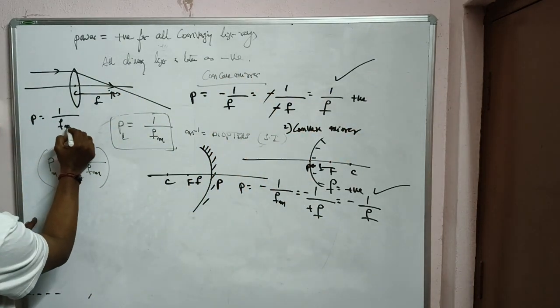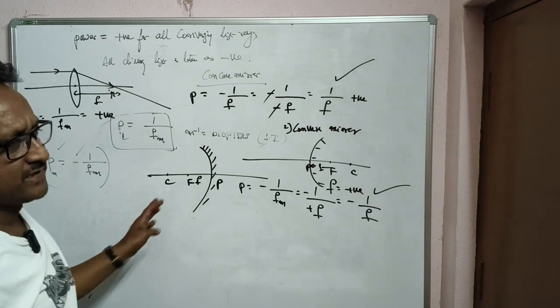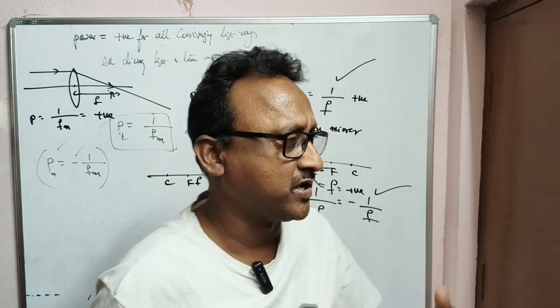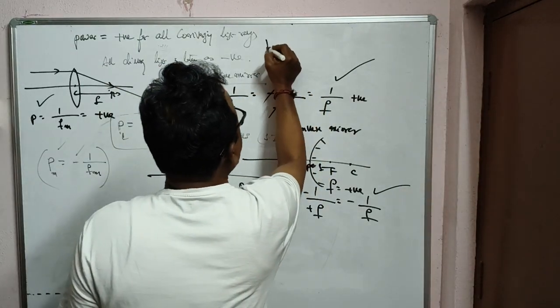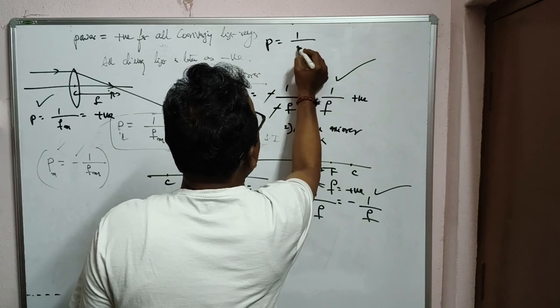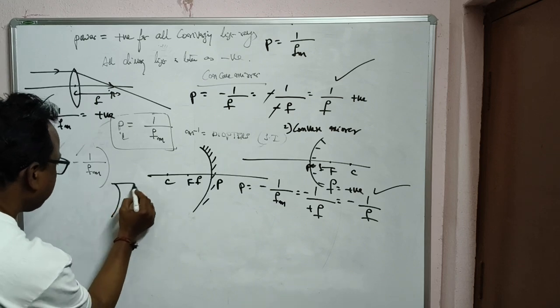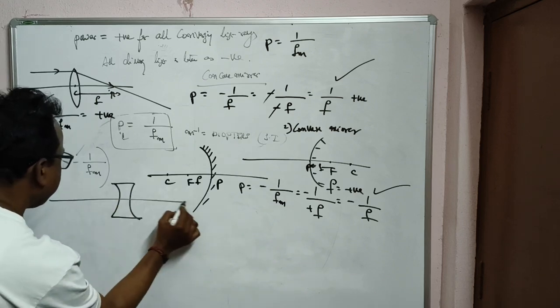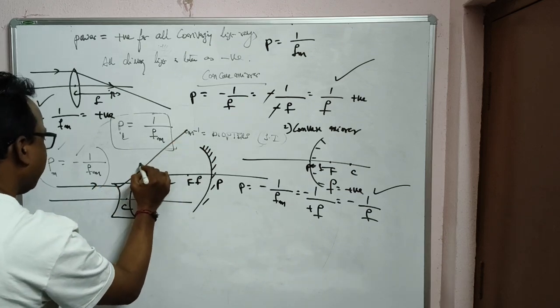So f is positive. Therefore you got a positive power. Just now I told you converging light rays give positive power. So this is also right. Now coming to the next one. P is equal to 1 by f in meters. Let us go for the concave lens. In a concave lens, if we say this is the optic center, light is coming, diverging.